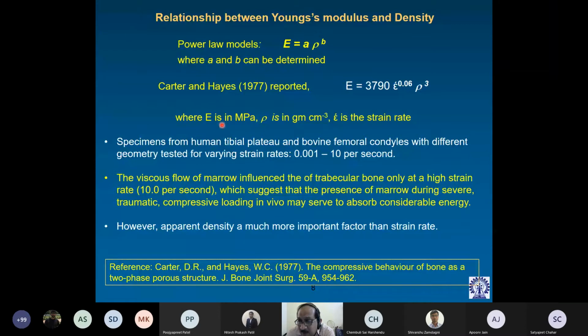So this is very important because the Young's modulus of the bone structure of cancellous bone will vary from one point to the other. Now, there have been several attempts to quantify that, and many equations have come up, linear relationships, power law relationships, suggested, trying to fit the models with the experimental data.